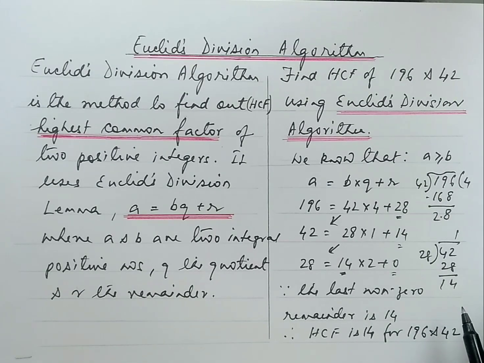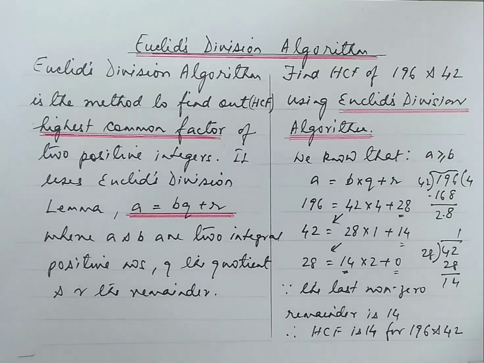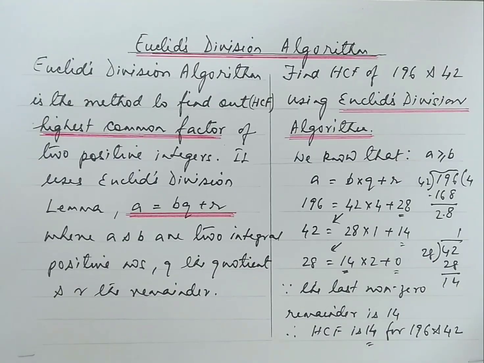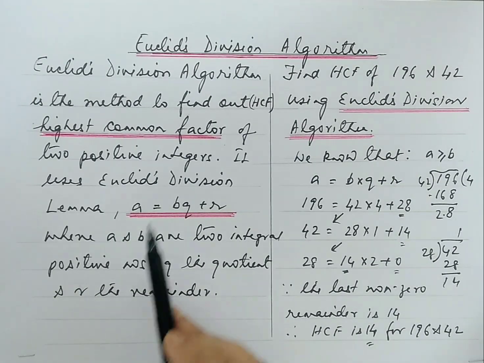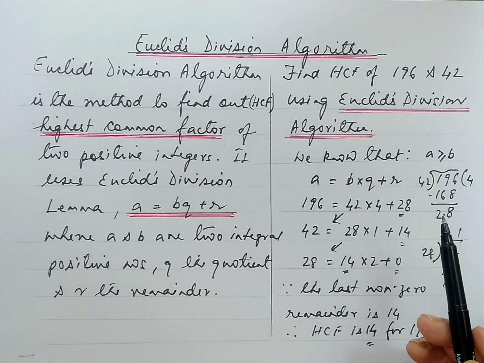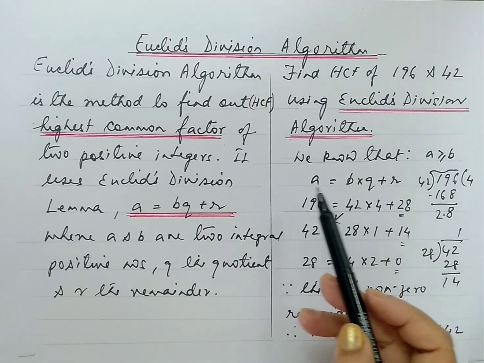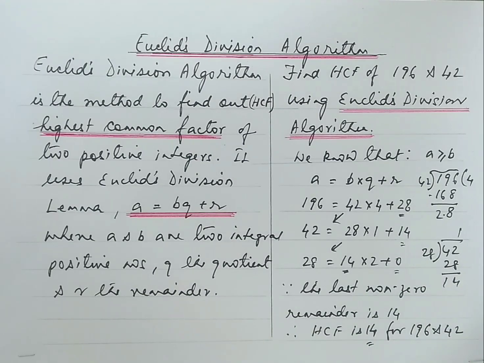So what we know from this is that the HCF of 196 and 42 is nothing but this number, 14. It is as simple as this. It's not complicated at all, just that these words may cause you a little confusion.